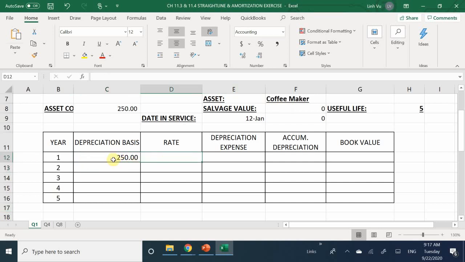It's just going to be the cost of the asset. What is my rate going to be? That's 1 divided by 5.